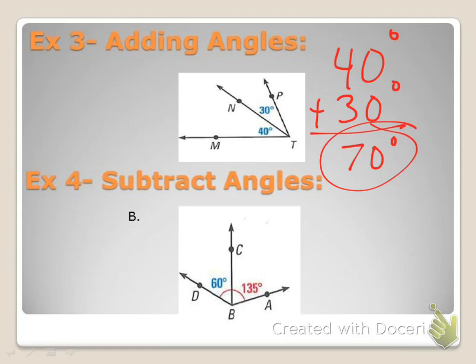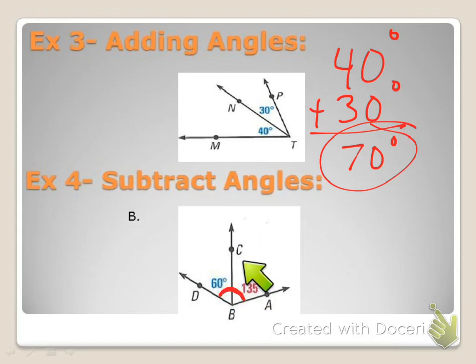Now, the next one is a little different just simply because of this mark right here. This red little arc mark. Do you see how that extends the entire angle? That means the whole angle is 135 degrees. And then angle DBC is only 60 degrees. We're looking for CBA.